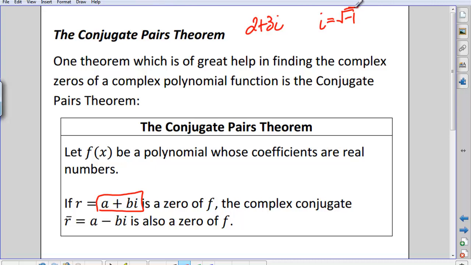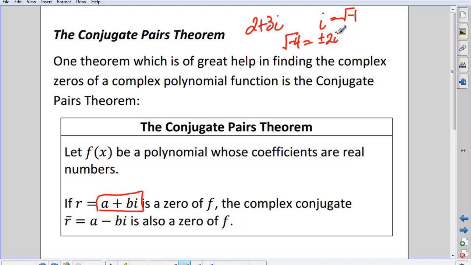We get these complex zeros when we try to take square roots of negatives. For instance, the square root of negative 4 would be positive or negative 2i. So when we say complex numbers, that's what we're dealing with, really square roots of negatives.